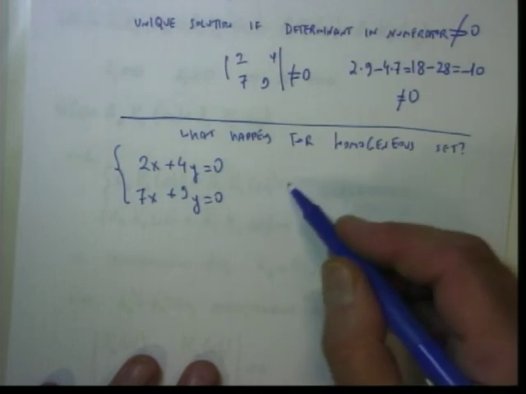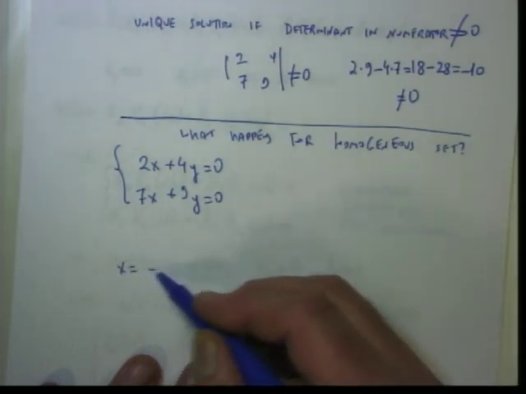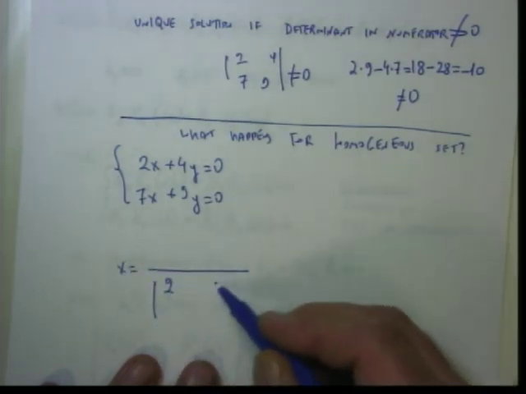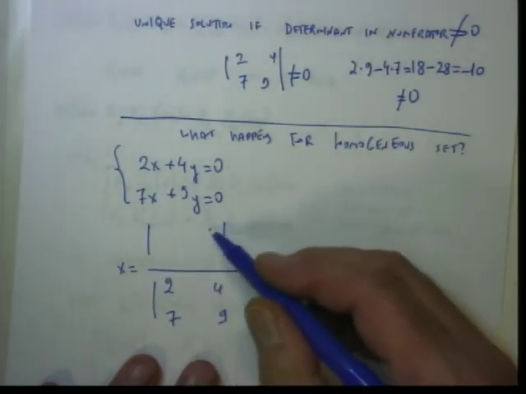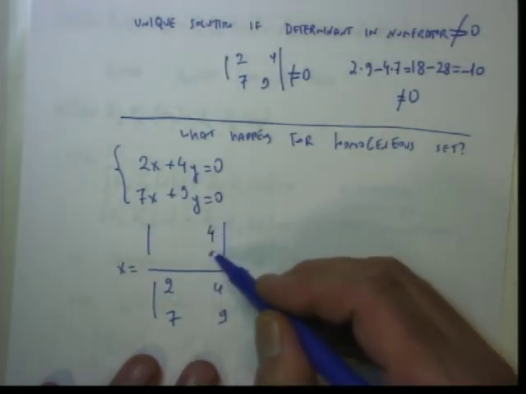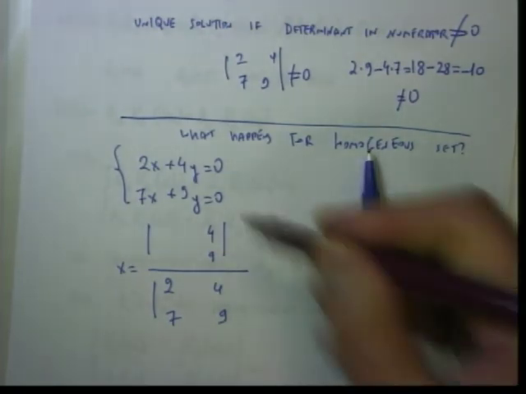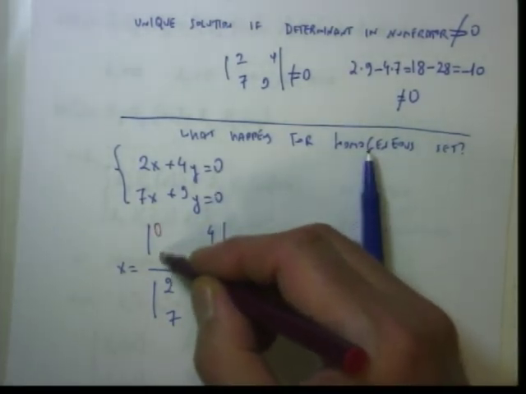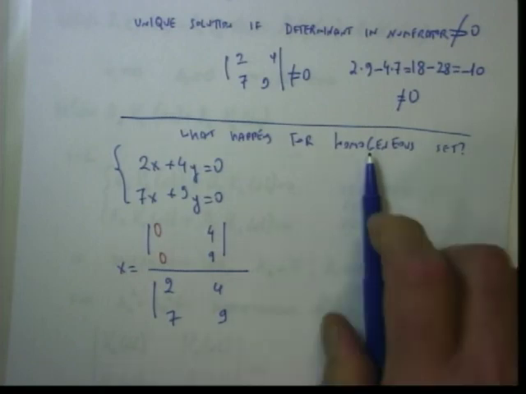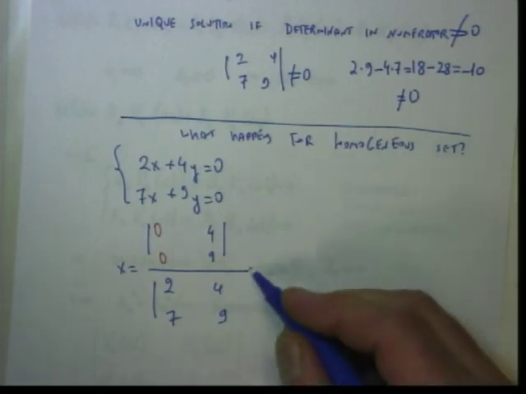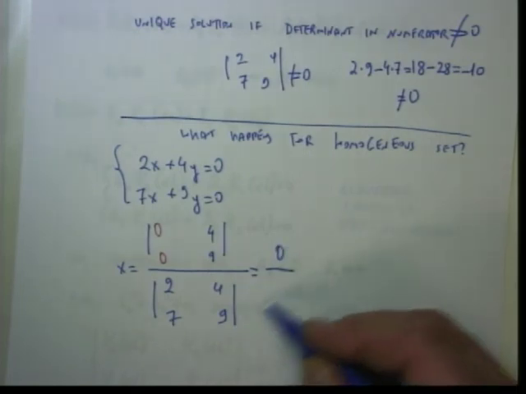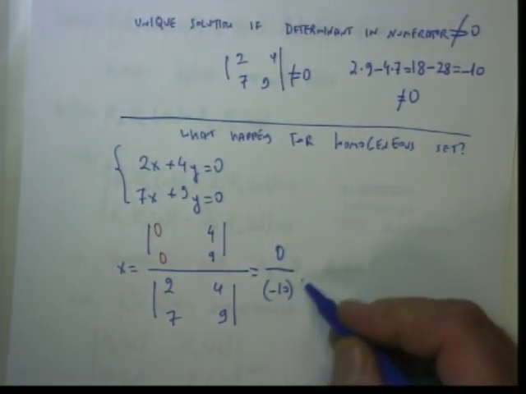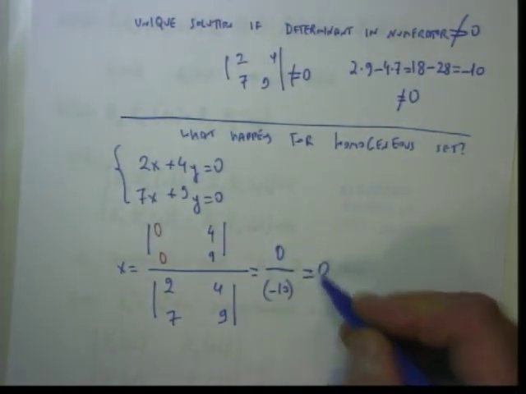We know the determinant is not 0. So x equals, in the numerator, 4, 9, and here the free coefficients are 0 and 0. So this is 0 divided by minus 10, which is 0.